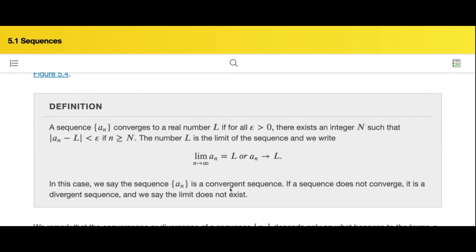So in this case, we see the sequence is a convergent sequence. If a sequence does not converge, it diverges. Diverges means there's no such finite number; it doesn't approach a finite number.